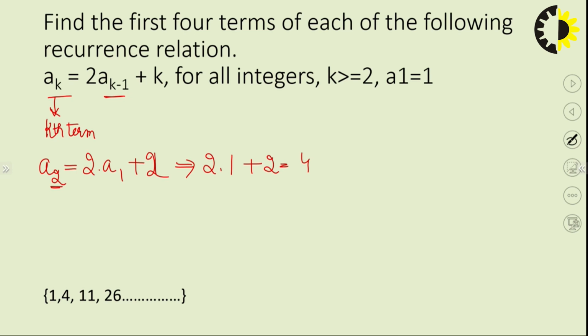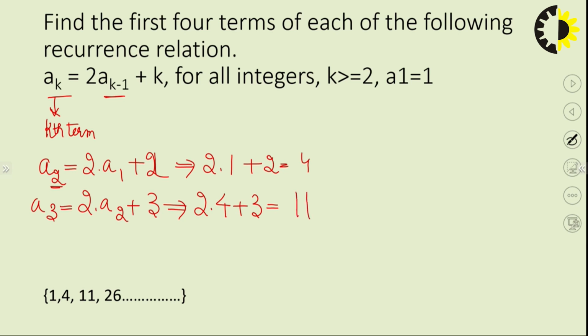Now, I want to find out the third term. Third term is 2 times a_2 plus k, k means 3. So, this will be equivalent to 2 into 4 plus 3. So, the next term will be 4 into 2, 8 plus 3, that is nothing but 11.